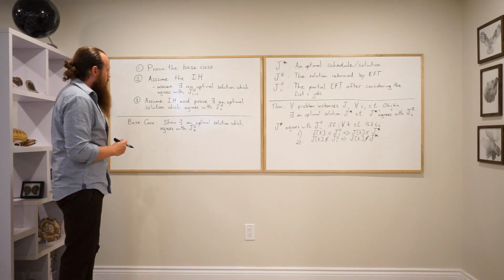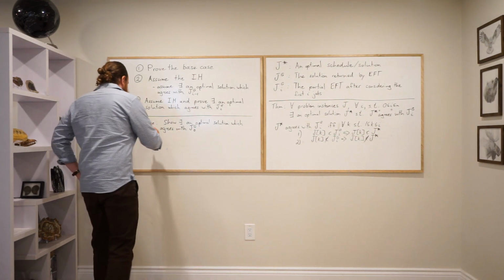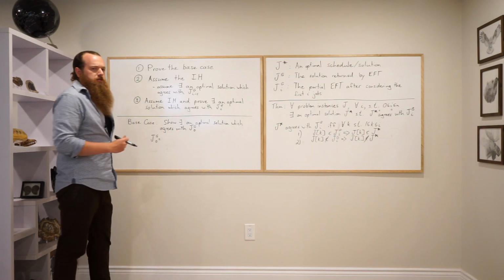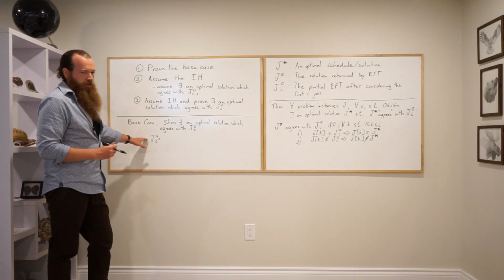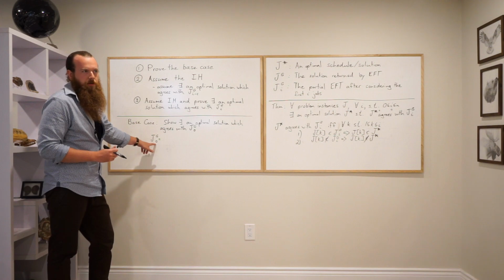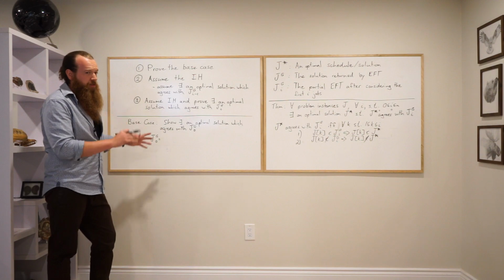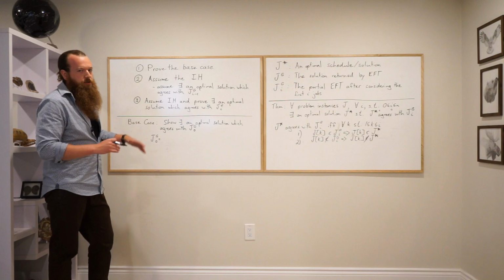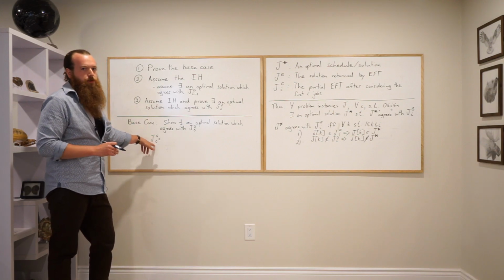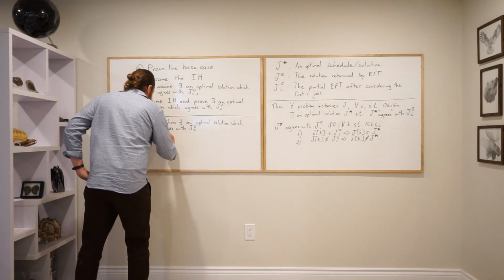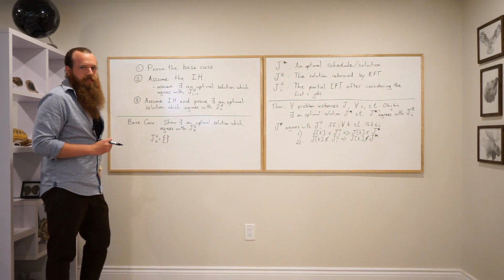That's our base case. Well, what does JG0 equal? Remember, this is our greedy solution, partial greedy solution, after it's made I choices, where I equals 0 here. So this is the greedy solution after it's made 0 choices. Remember, if you go back to the previous video with the pseudocode, we could also think of it as JG after I iterations of our for loop. Well, if it's 0, that means we haven't entered the for loop yet. So that means if it hasn't made any choices, it's just the empty set.